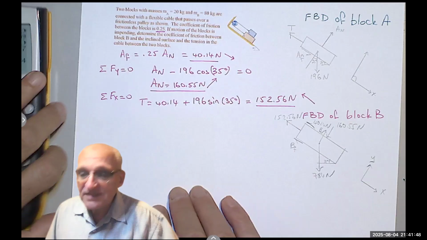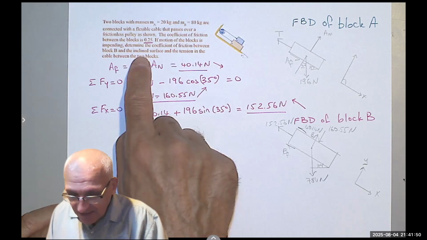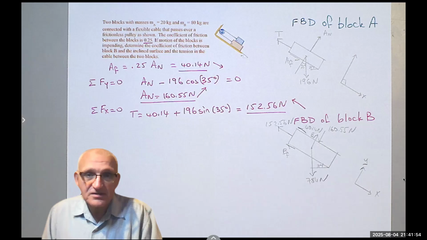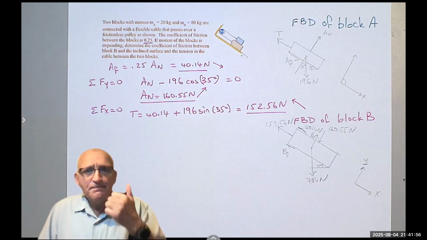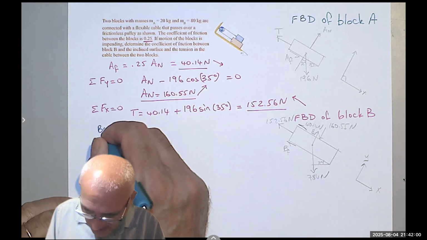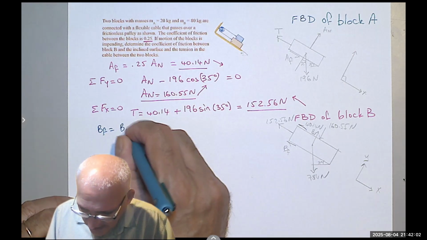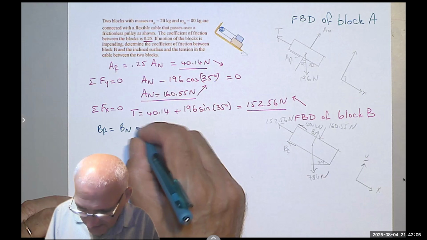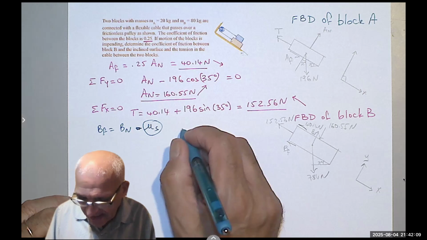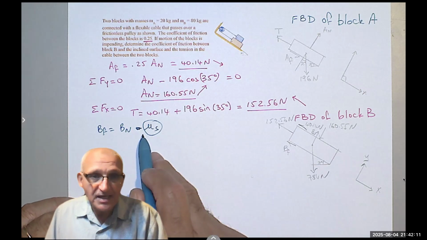Okay, notice here they want you to find the mu sub s between the block and the surface. And we know that B sub f equals B sub n times mu sub s. So if I want mu sub s, I will have to divide Bf by Bn.